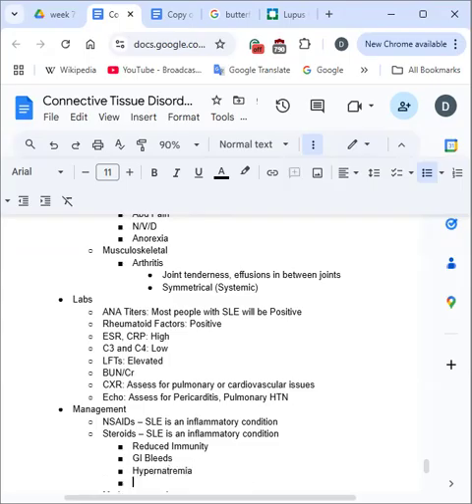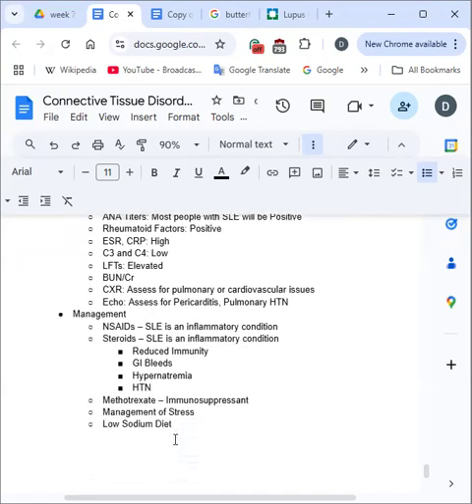Hypernatremia, hypertension. Again, you can always think about that. Folic acid, methotrexate, you want to give folic acid. Management of stress, LFTs, and bleeding. The low sodium diet, oh yeah.